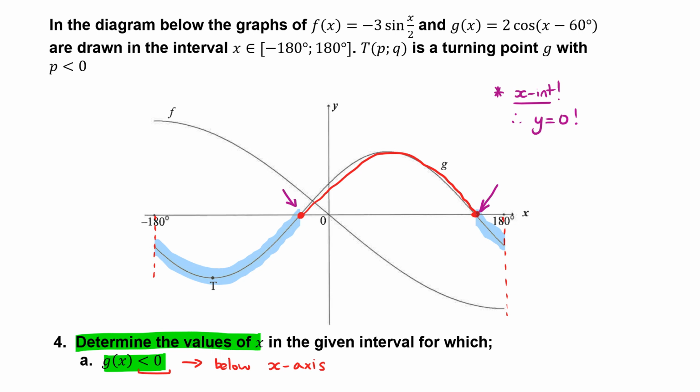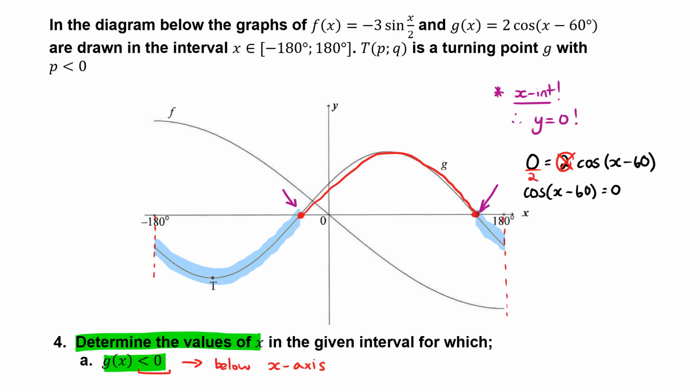And so we take our formula for g of x, and we let y equal 0. So it would become 0 is 2 cos of x minus 60. And then when we solve it, it would become cos of x minus 60 equals 0, because we divide both sides by 2 to get rid of that 2 over there.